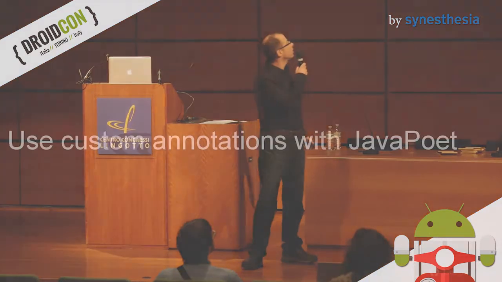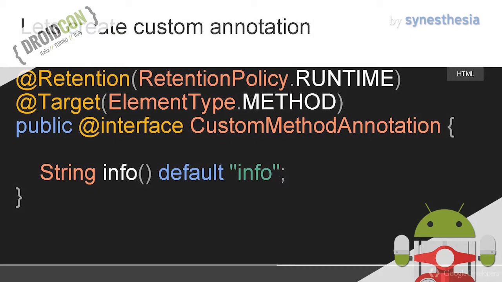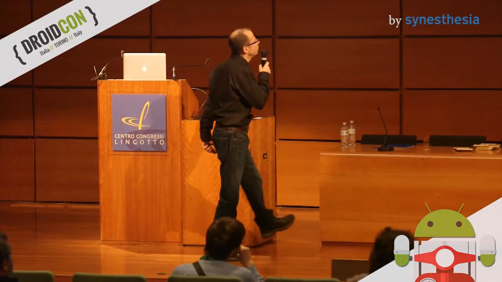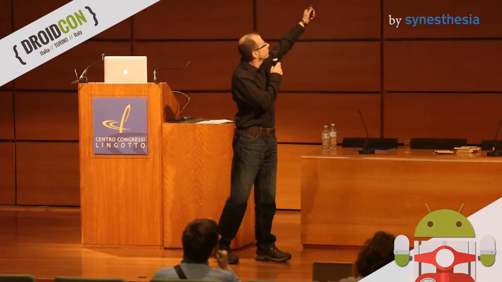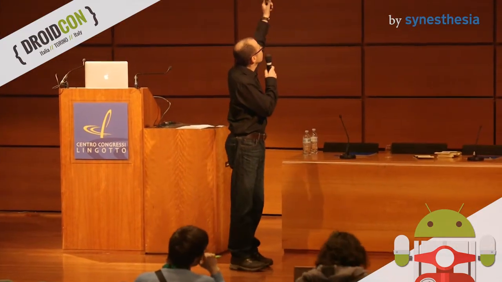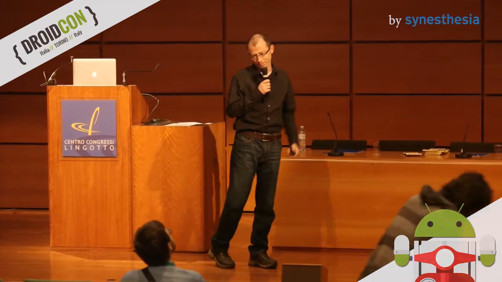Let's start with our first way, which is to use custom annotations with the Java Poet library. How is it done? Pretty easy. All you have to do is create your own annotation class, which is declared with the interface keyword, and add all the lovely parameters, which by itself might be boilerplate code, but the good news is that you do it once.